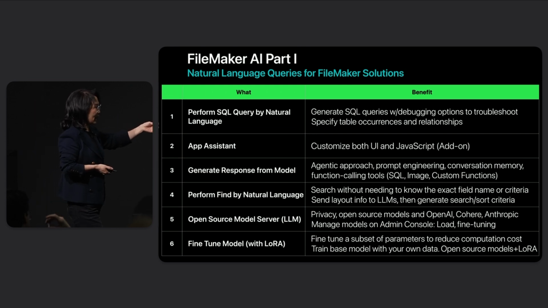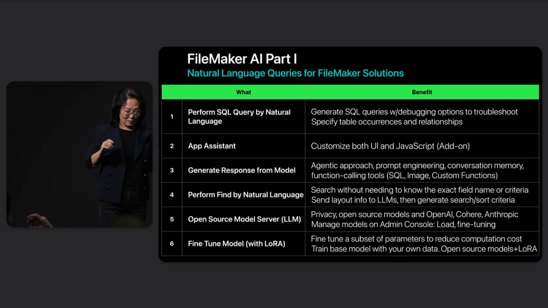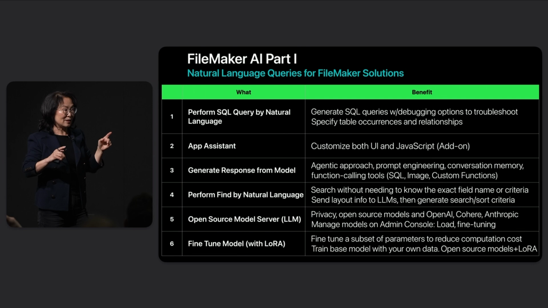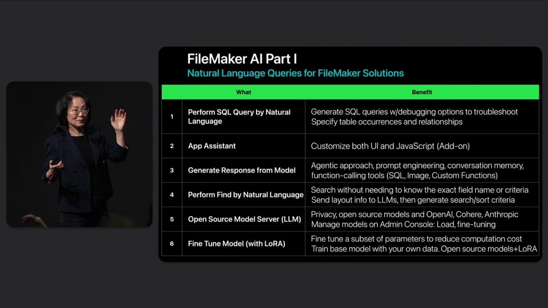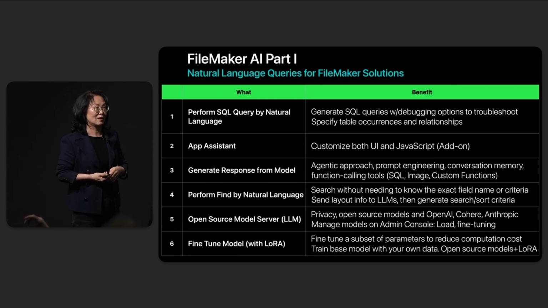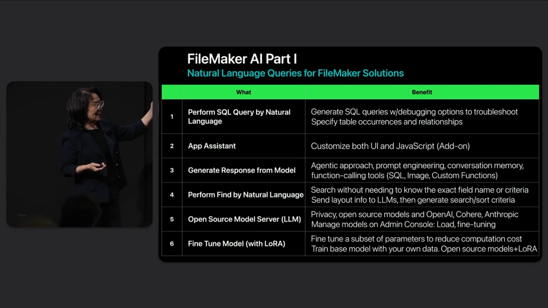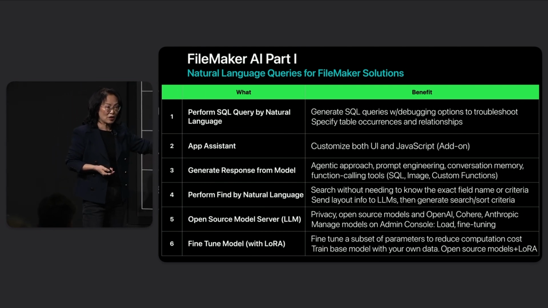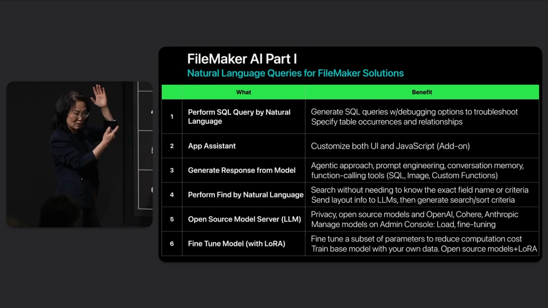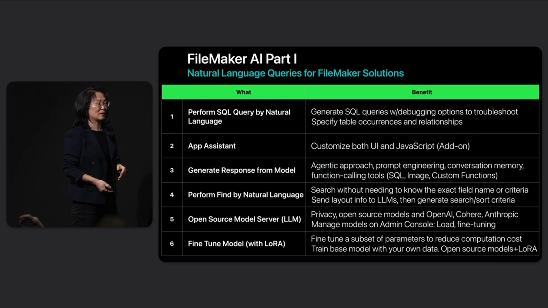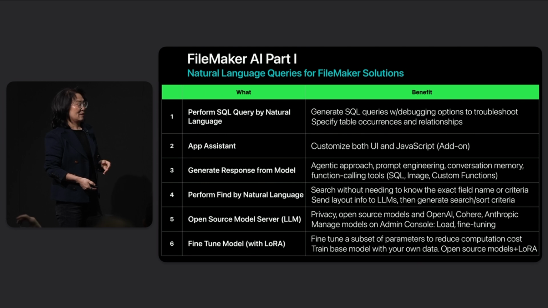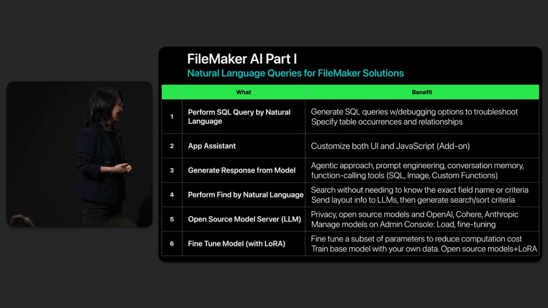With Perform Find by Natural Language, anybody in the sales team can type in, show me top 10 deals for the quarter. Perform Find by Natural Language understands the request, goes into FileMaker to find the right records and comes back with the list. That's Perform Find by Natural Language.